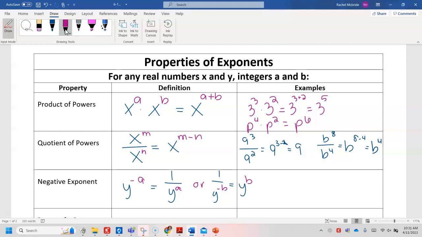If it's a negative in the top, you bring it down as a positive. So 3 to the negative 8 is really 1 over 3 to the 8. 1 over n to the negative 3 is really the same as n cubed.